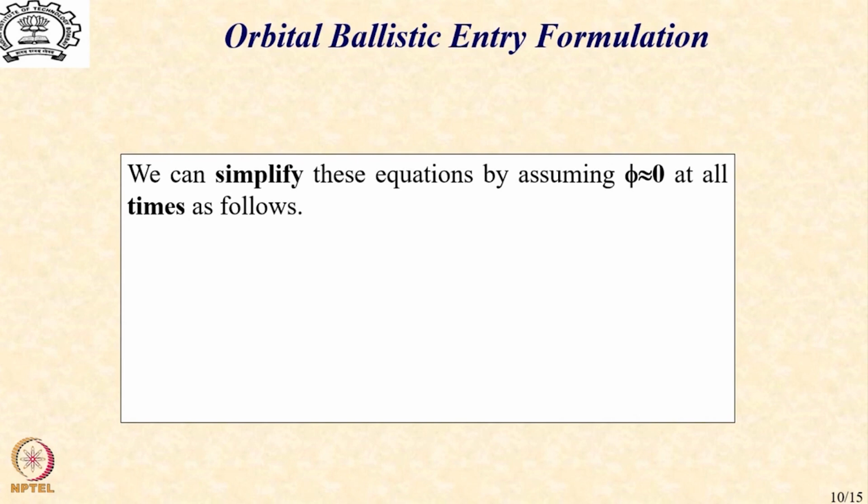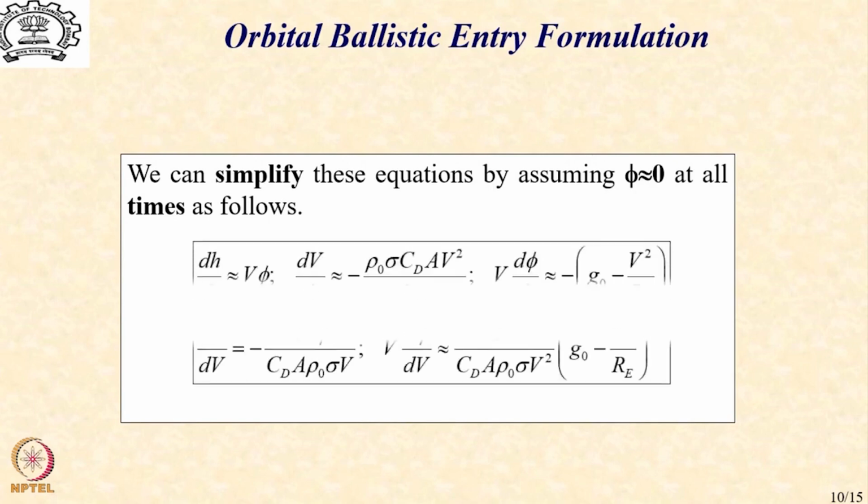As phi in this case is very close to 0, we realize that cos phi is very close to 1, and the sin phi can be replaced with phi, that makes the equations linear and to some extent simplify our solution process.